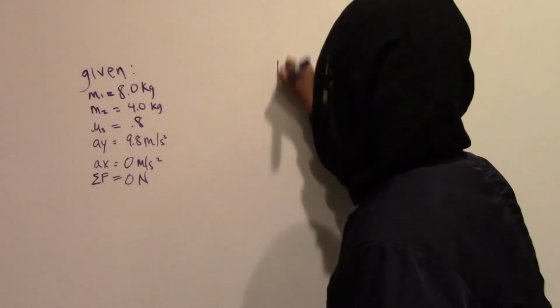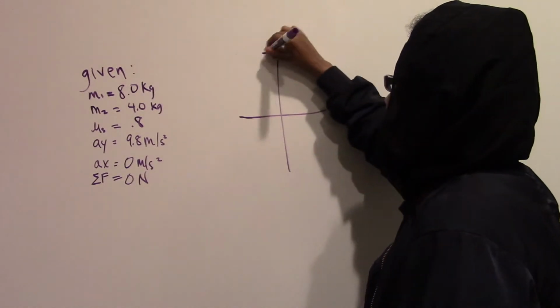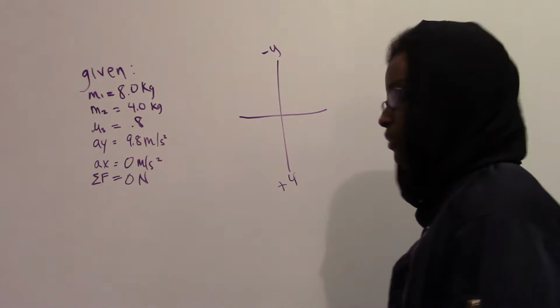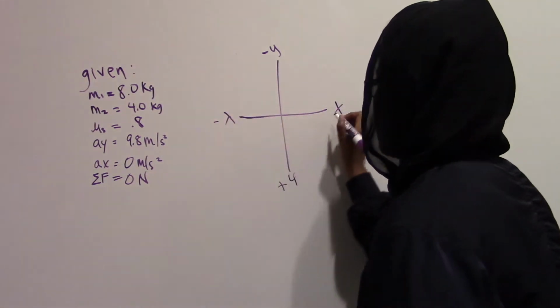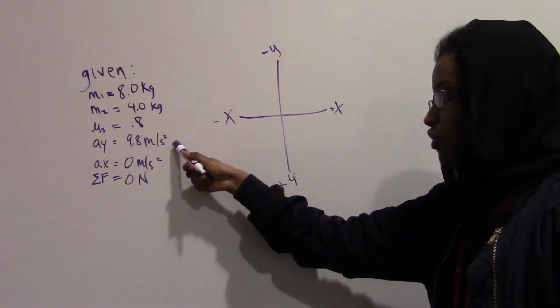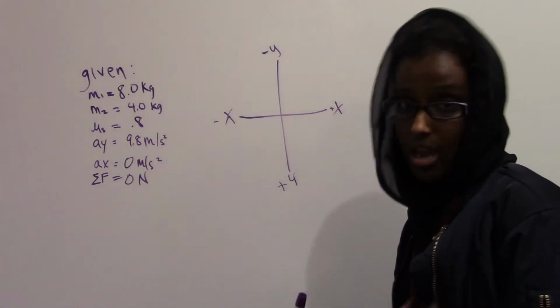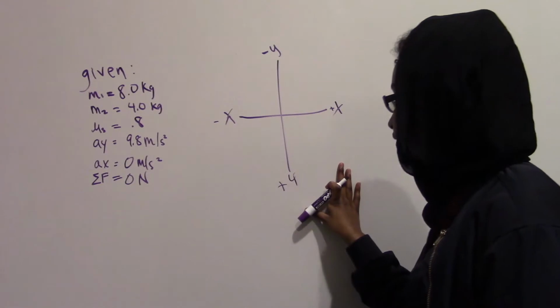We're going to say y negative and y positive have switched places, and we're going to leave our x the same. So this is going to be the subtraction direction, and this is going to be the plus coordinate system, so that everything is getting positive. It's just going to make my math simpler, and that's just kind of the way I think. So we're going to use this coordinate system.